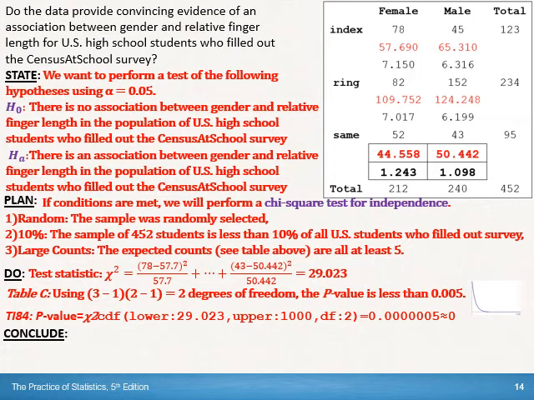We can use our chi-squared CDF in our calculators. The lower value is our statistic, upper value of 1,000, and degrees of freedom of 2. And that gives us 0.0000005, or you might say approximately 0. All right, so pause the video, write the conclusion, and then start up the video again.